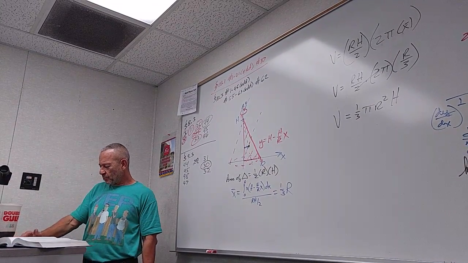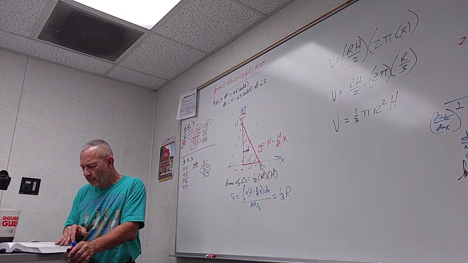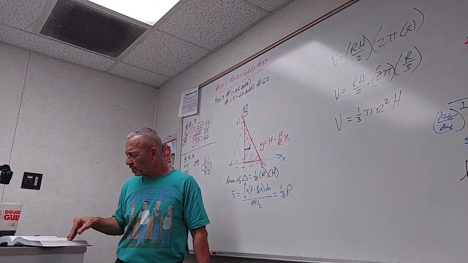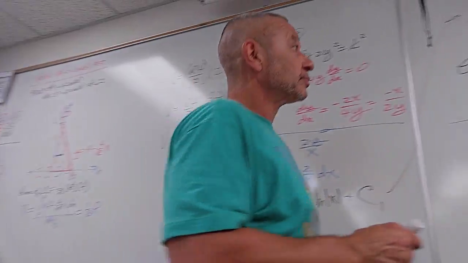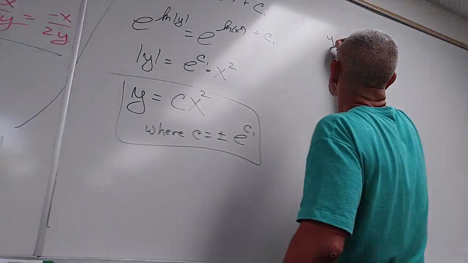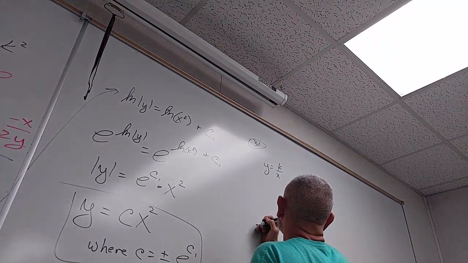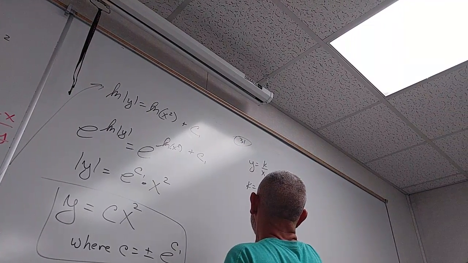32. Oh, wait a minute, 31. Did we do 31? I don't remember doing 31. y equals k over x. So k is xy.